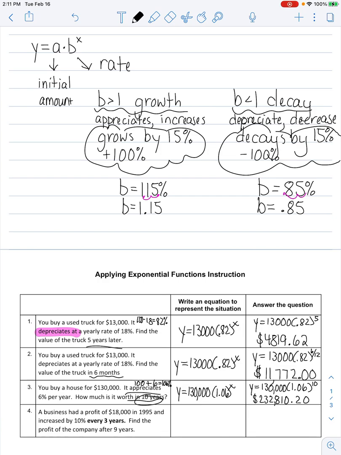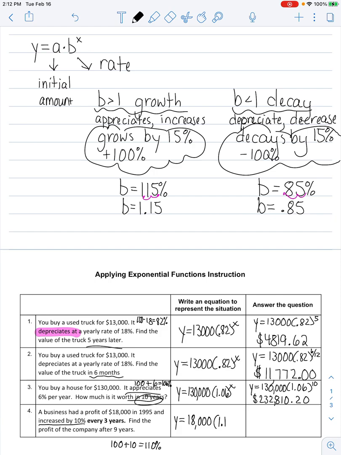And let's try one more example. A business had a profit of $18,000 in 1995, and it increased by 10% every 3 years. Find the profit of the company after 9 years. So first, let's come up with our equation. y equals, what was their beginning amount? $18,000 times, it says they increased by 10%, so 100 plus 10% is 110%.